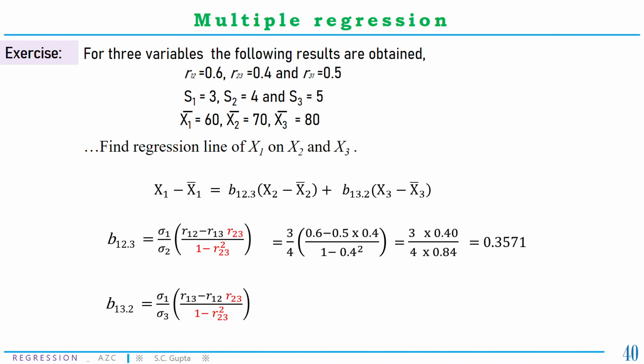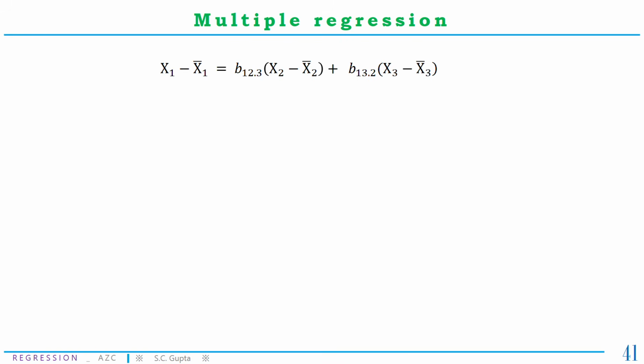Now calculate b1 3.2. b1 3.2 found is 0.1851. Now, put the values in the equation and try to solve it.